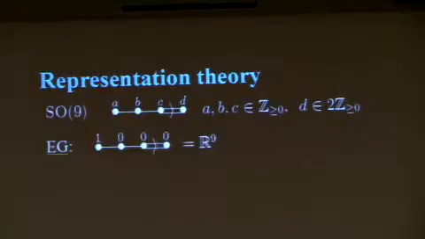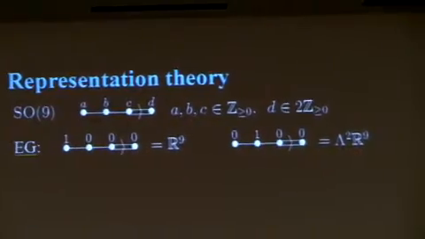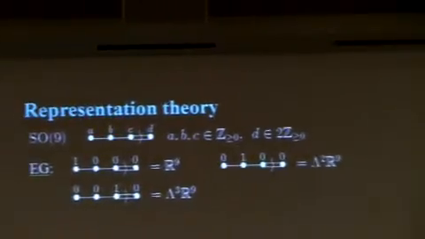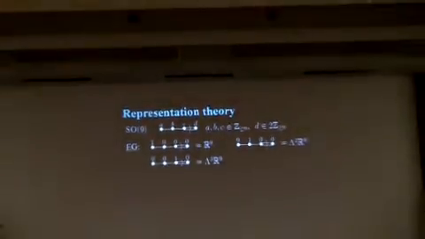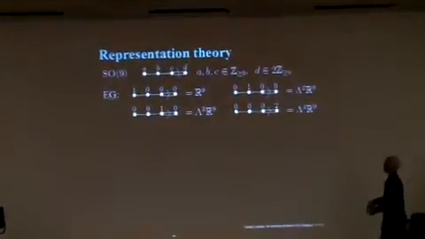Okay. So, for example, this is R9 acted upon by SO9, right? So this is the defining representation. This is wedge 2 of the defining representation. This is wedge 3 of the defining representation. And wedge 4 is not putting 1 over the end, it's putting 2 over the end. So the last one here is a bit of a shock.